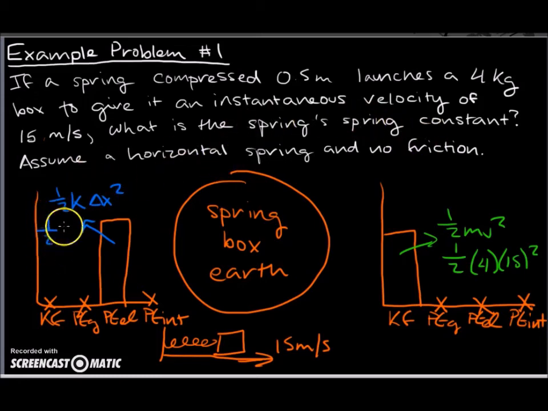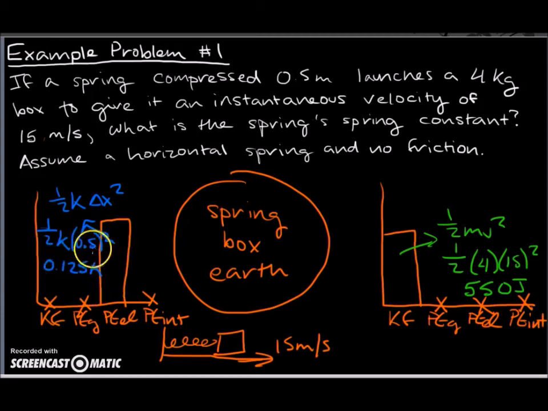We don't know our spring constant yet, so I'm going to leave that as k, and our delta x is 0.5 meters, squared. So now what we have to do is solve this equation. Simplify this real quick. This turns out to be 550 joules, and this is going to be 0.125 times our spring constant.